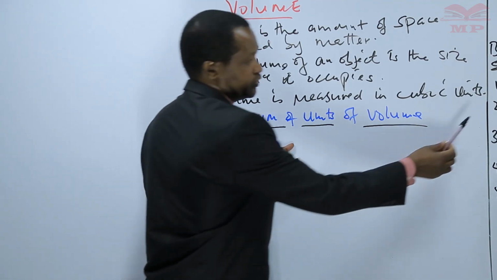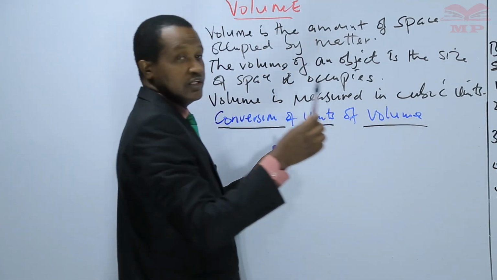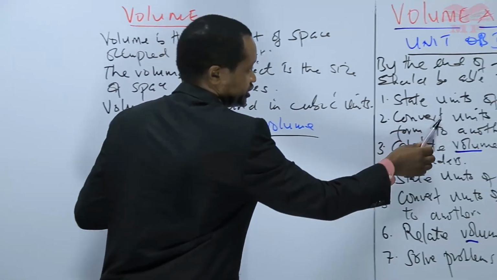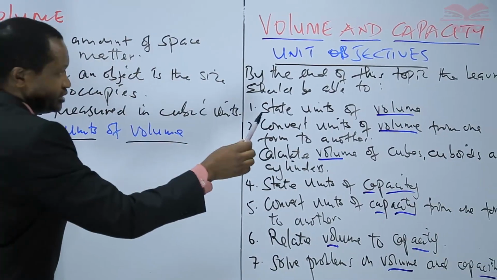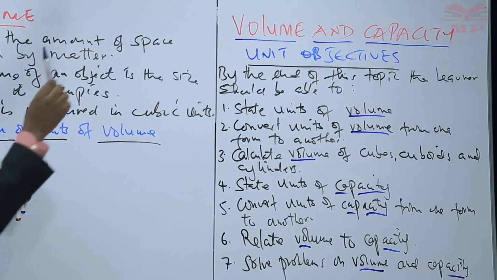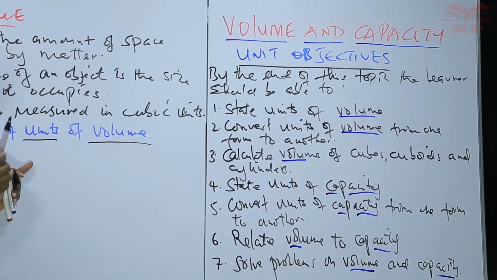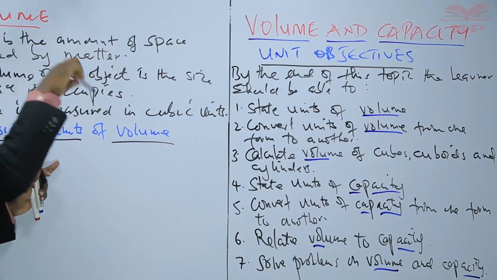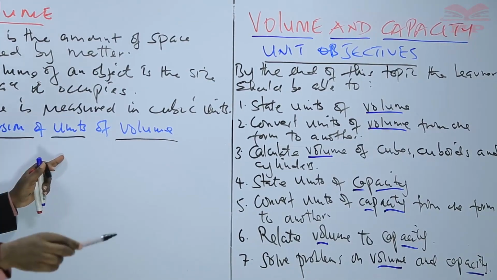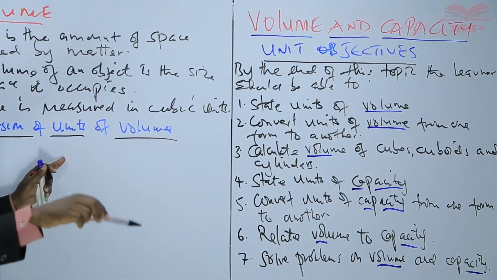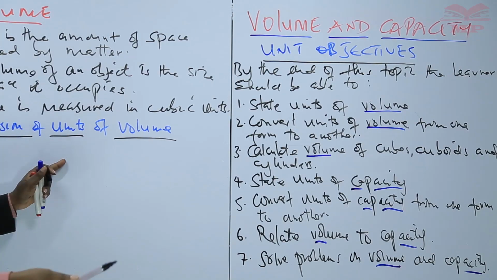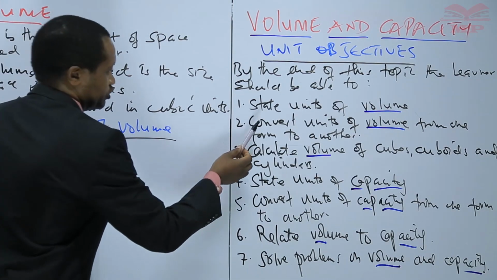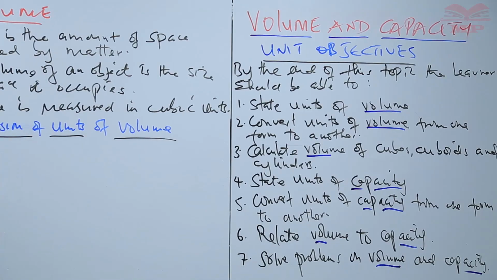Remember, one of the objectives here is to learn how to convert units of volume from one form to another. We've said volume is measured in cubic units. These units can be centimeters, millimeters, meters, and so on.